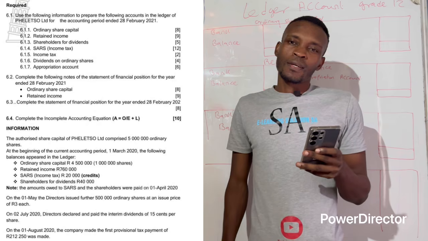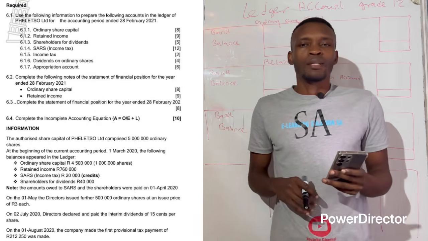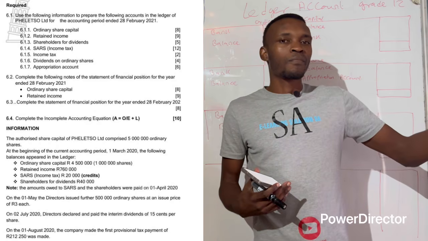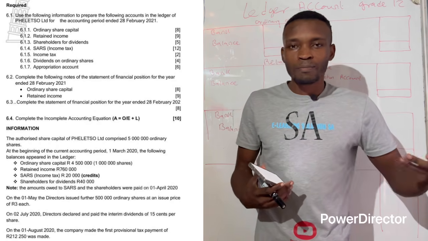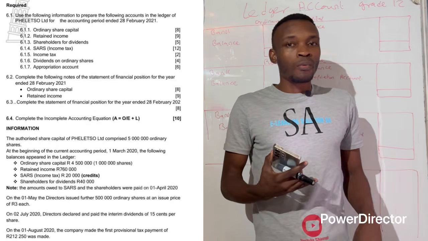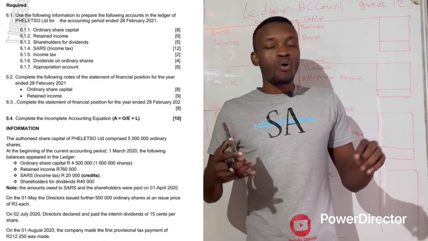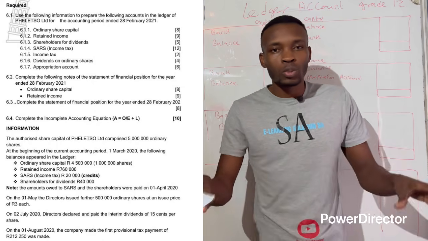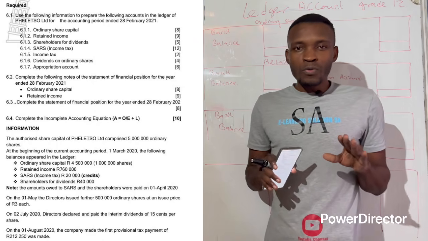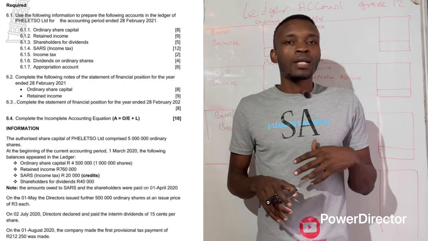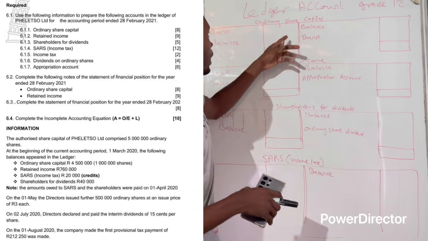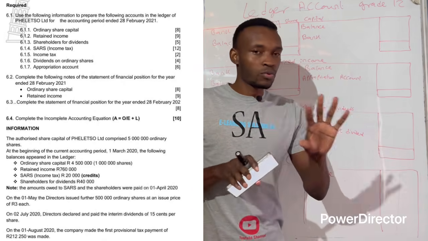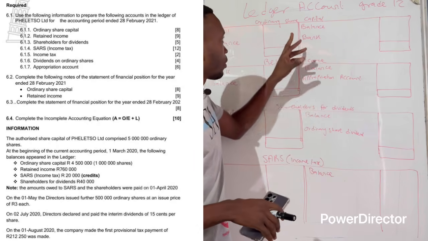So when we talk about a company, you must know that a company is different from a sole trader and partnership, because in a company we don't have normal owners. Here we have shareholders. Our owners are called shareholders. In order to be a shareholder, you must buy what we call a share. In grade 12 we are going to cover only ordinary shares, not preference shares.